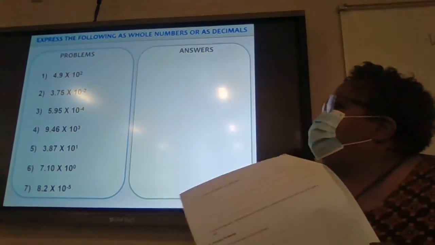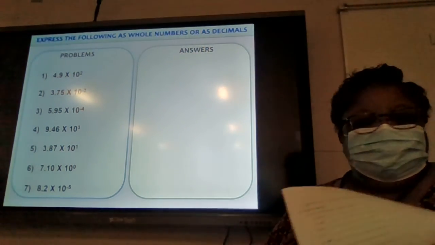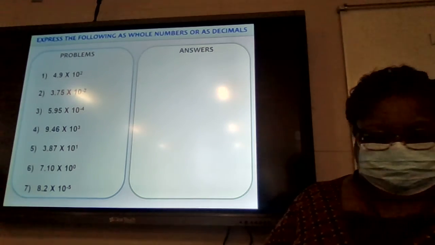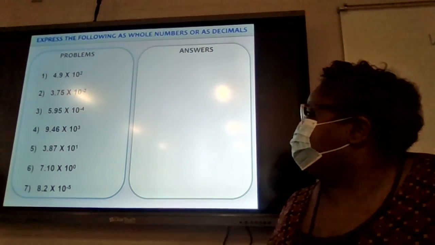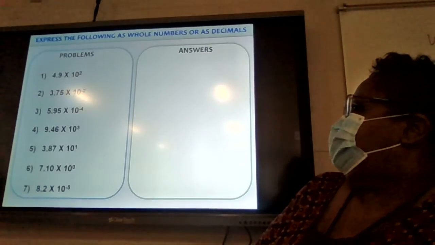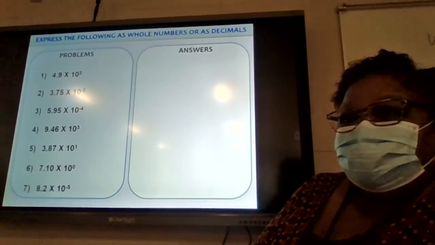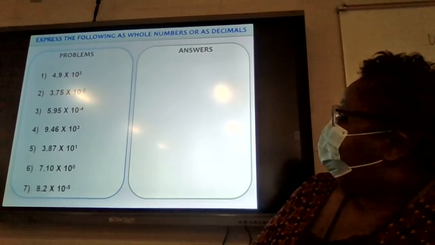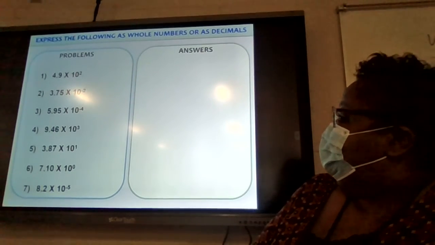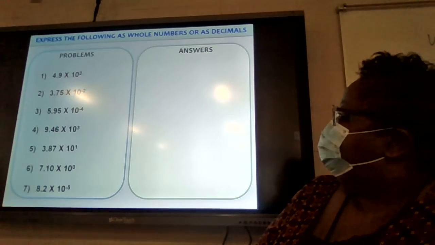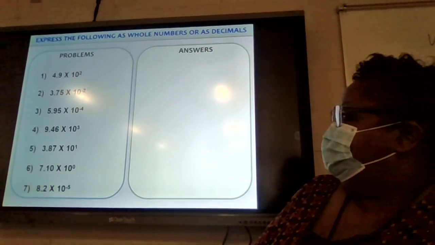Okay, this one is going the other way. It's going back the other way. So if our exponent is positive, that means I moved it to the left. So which way do I need to move it to get it back to a big old number?